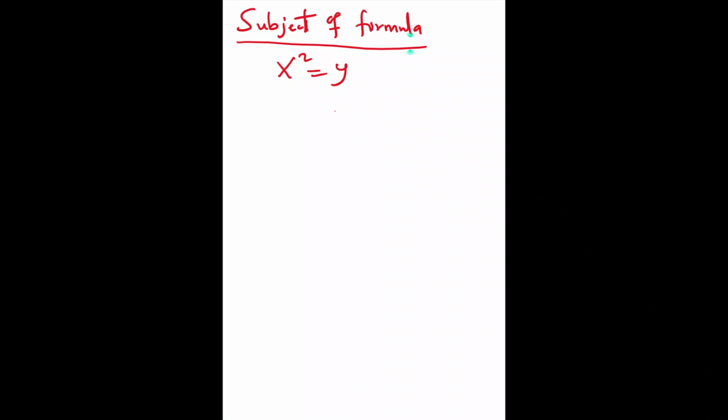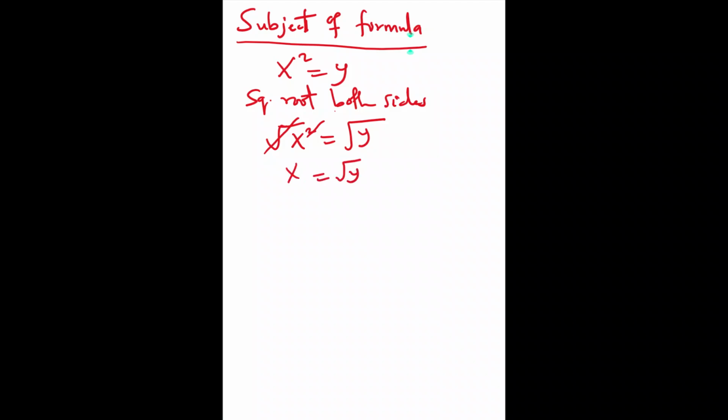You know that for something like this you have to square root both sides. So when you square root both sides, that eliminates the square on top of x raised to power 2. You cross it out with the square root. So then you are able to get x equals square root of y.